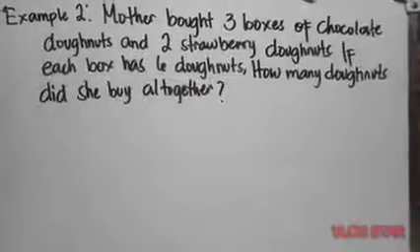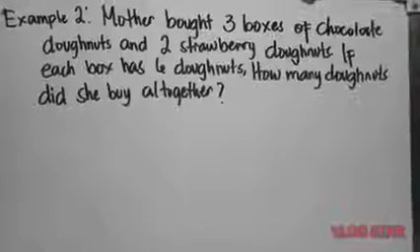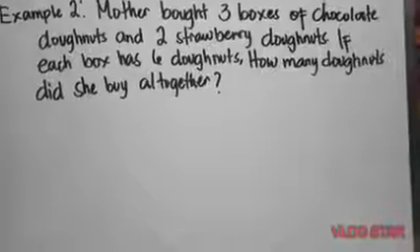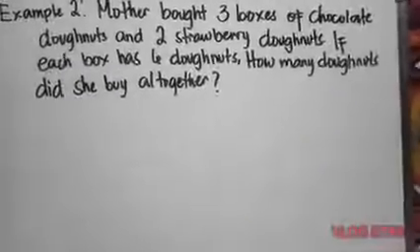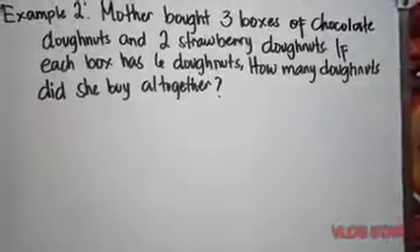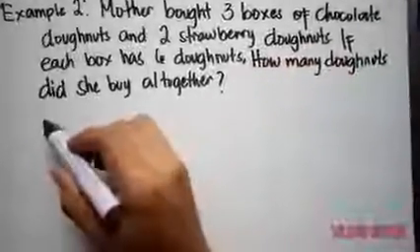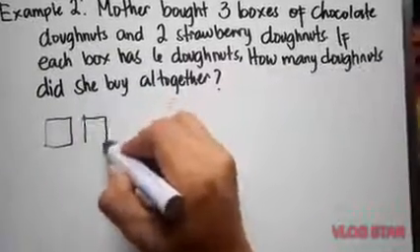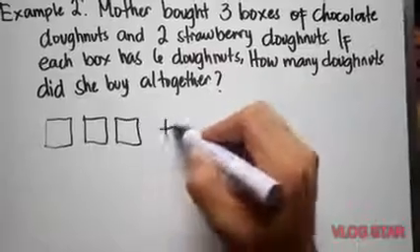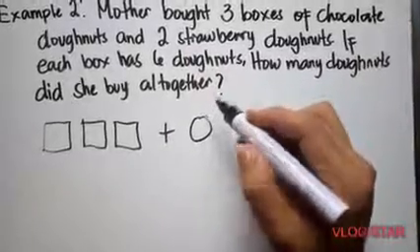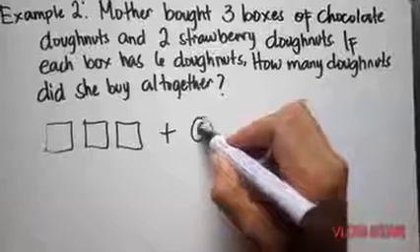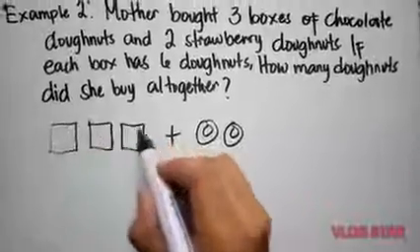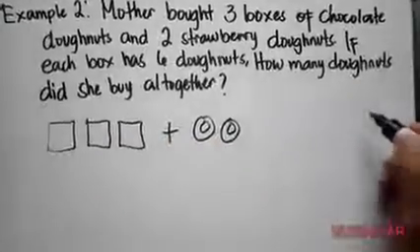The second example is mother bought 3 boxes of chocolate donuts and 2 strawberry donuts. If each box has 6 donuts, how many donuts did she buy altogether? So we can write it like this. Let's say we have 3 boxes plus 2 strawberry donuts. So this is the 3 boxes of chocolate donuts and 2 strawberry donuts.